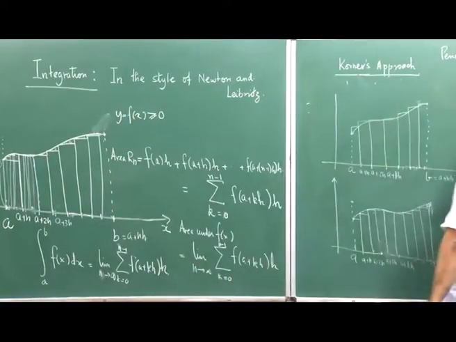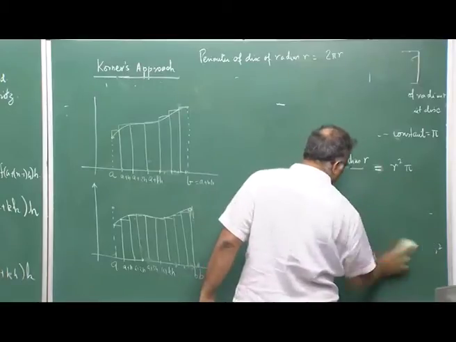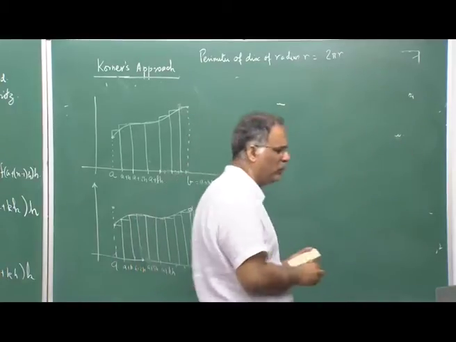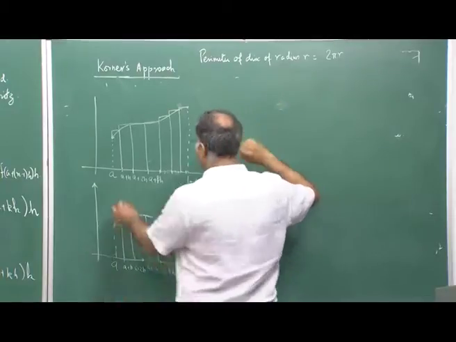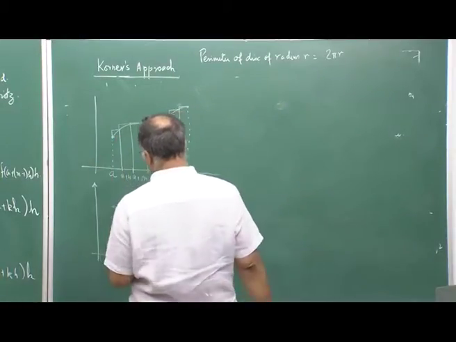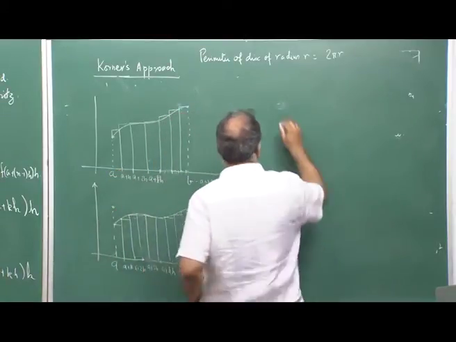And now how would I calculate the area of the overestimating rectangles and underestimating rectangles? For the overestimating rectangles, we took Mi, so M1 is the upper bound for this, and so on and so forth.